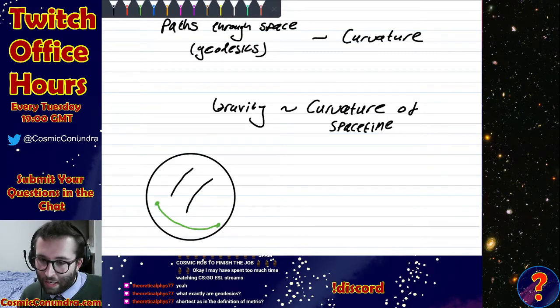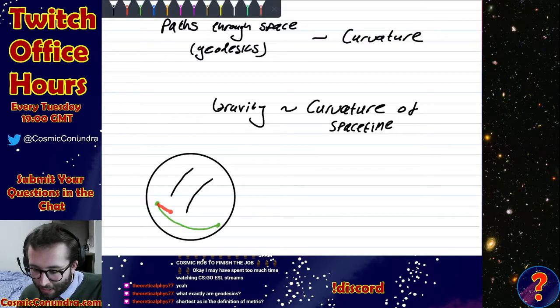Exactly, shortest is in the definition of the metric. Yeah, you need a metric to have this idea of the shortest geodesic path. Yep, so it depends on how you measure distances. So in this case of the geometry on a sphere, if you measure distances in a way that is confined to the surface of a sphere, then your geodesics will all be these equatorial curves.